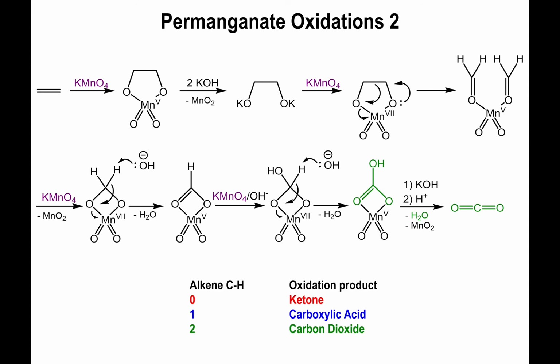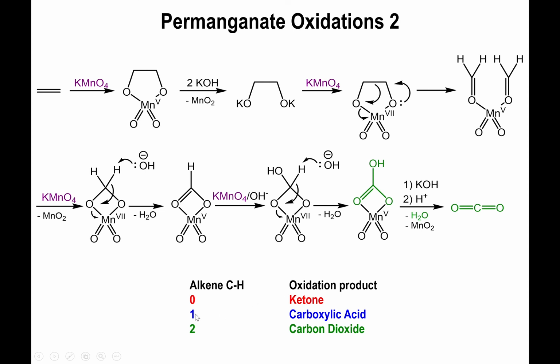So the end result is that if you have no carbon-hydrogen bonds on your original alkene, you're going to end up with a ketone, right? And you have to keep the structure of that ketone intact based on the structure of the original alkene. It will be a ketone, but you have to have those alkyl groups present.